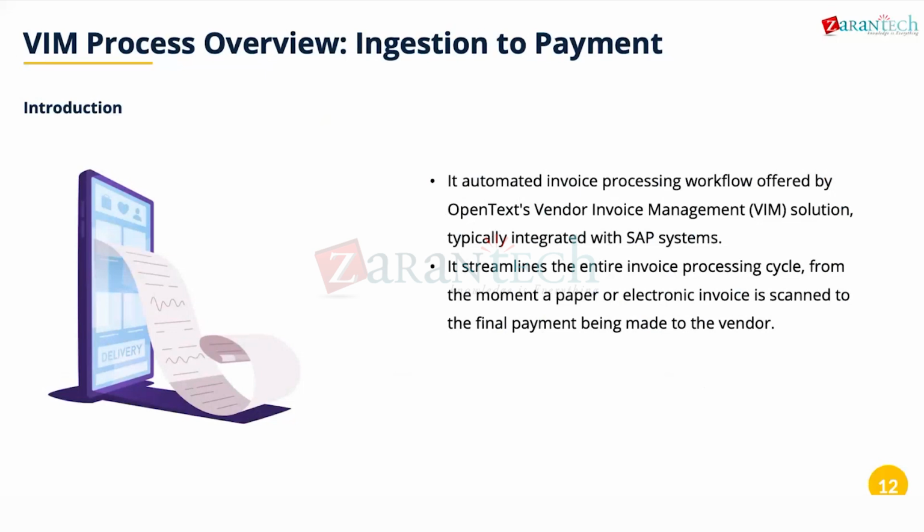That's the reason they are saying ingestion to payment. Now, ingestion: once an invoice enters your organization, the intention is that it should be digitalized immediately, whether it's a scanned paper-based invoice or an electronic invoice, whatever it is. So a DP number needs to be generated so that it is available for tracking. Okay.